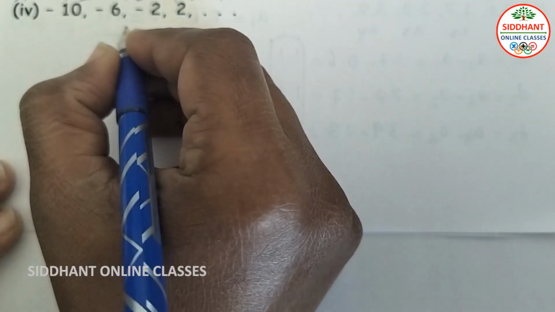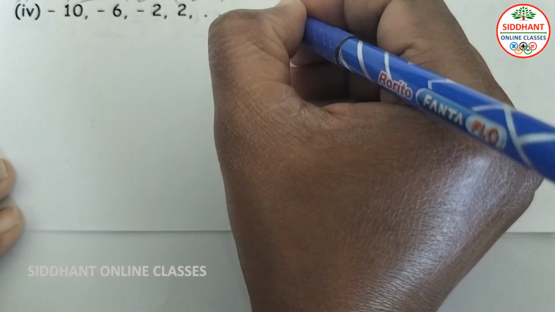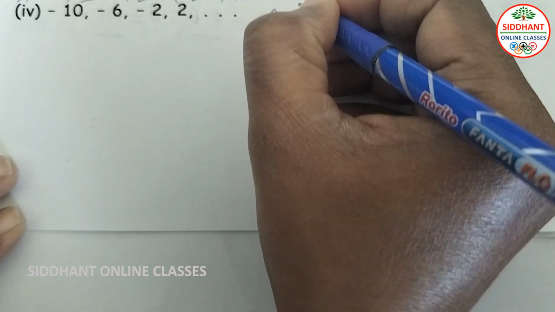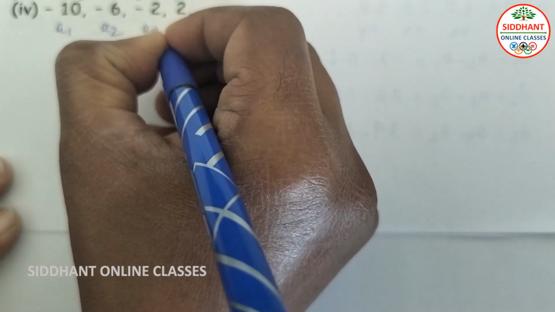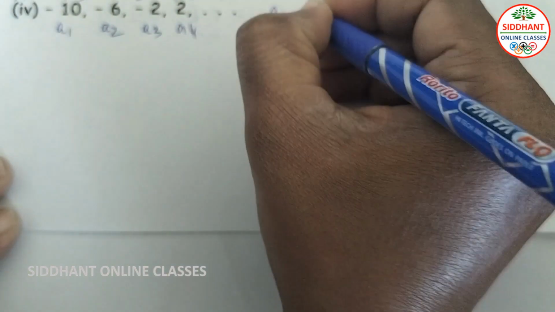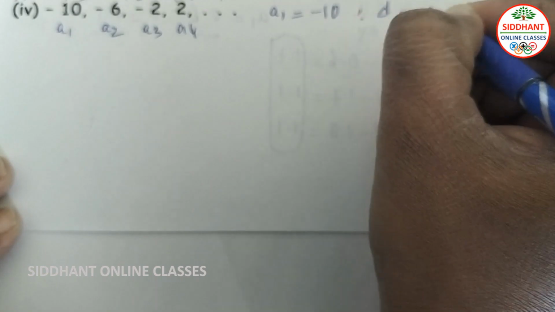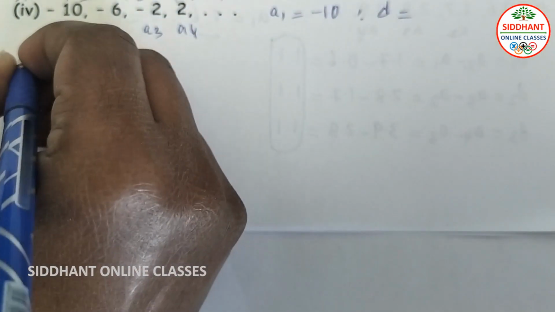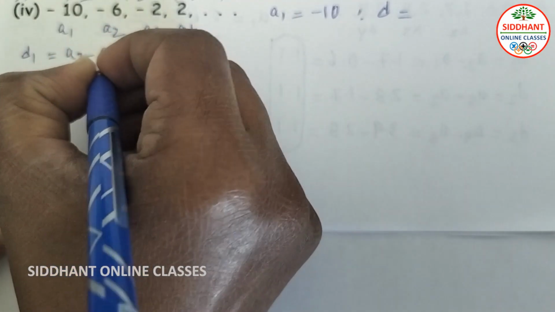Fourth one: minus 10, minus 6, minus 2, 2. So here we know A1. This is A1, A2, A3, A4 here. A1 is equal to minus 10 and we are going to find out D here. D1 is equal to A2 minus A1.